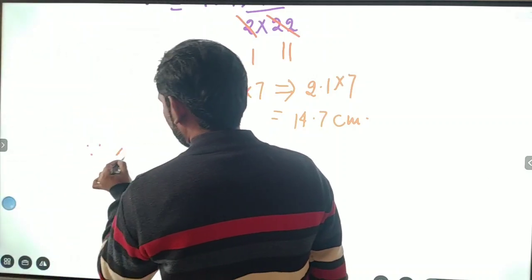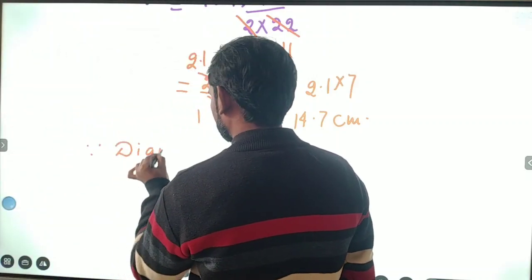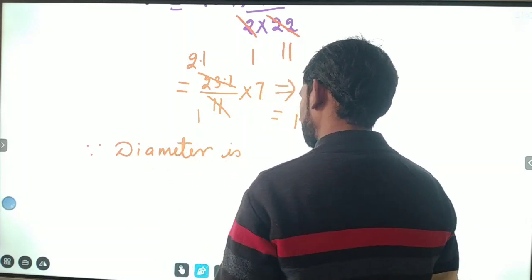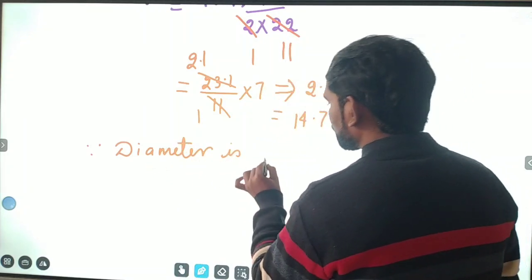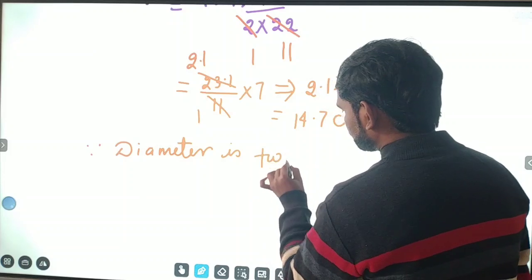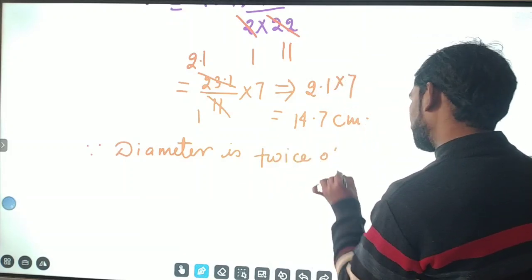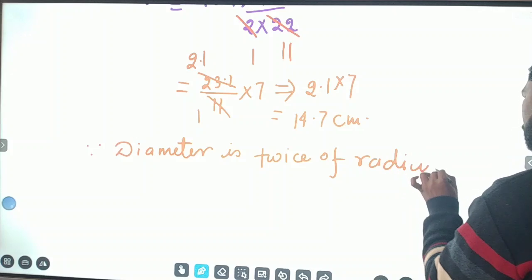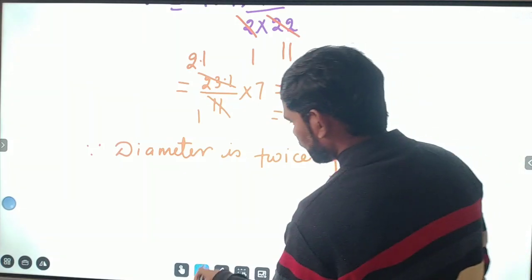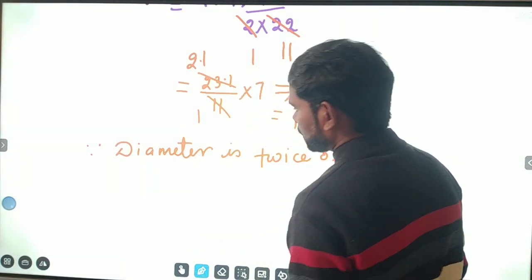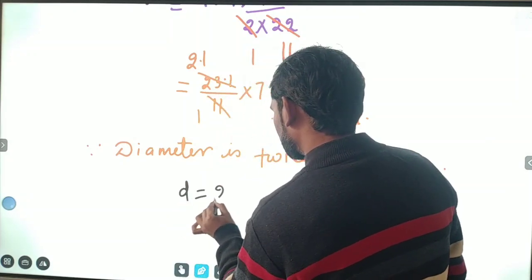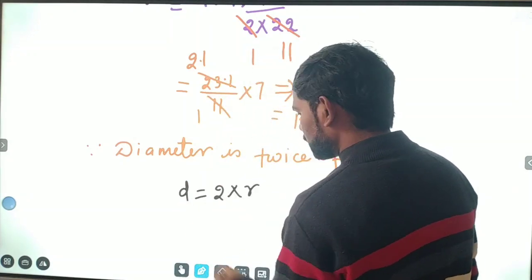Since diameter is twice of radius, therefore diameter is equal to 2 times of radius.